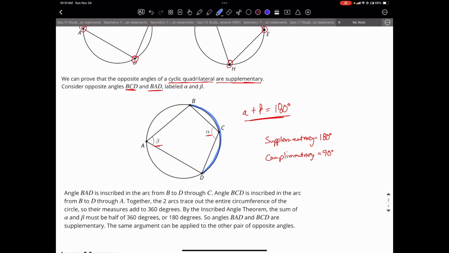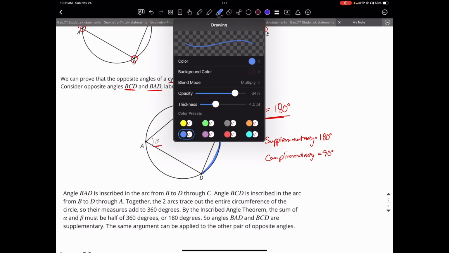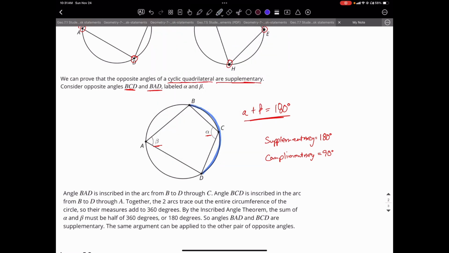Now, angle BCD is inscribed in the arc from B to D through A. Let me use a different color for that. B to D through A, okay?